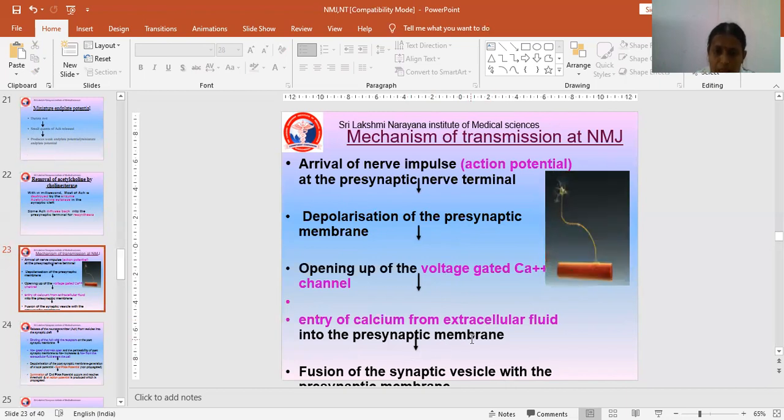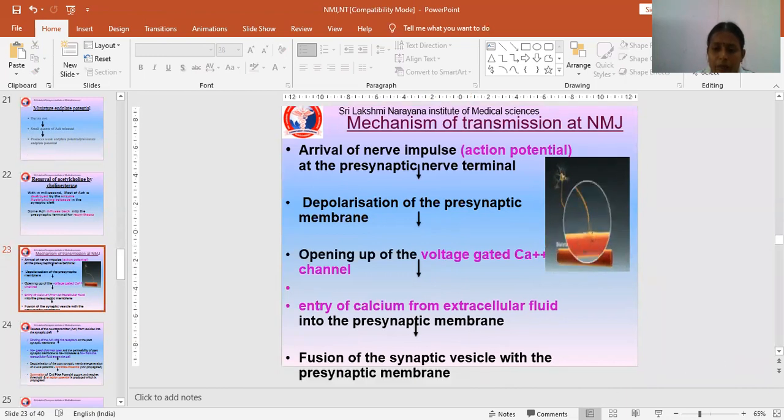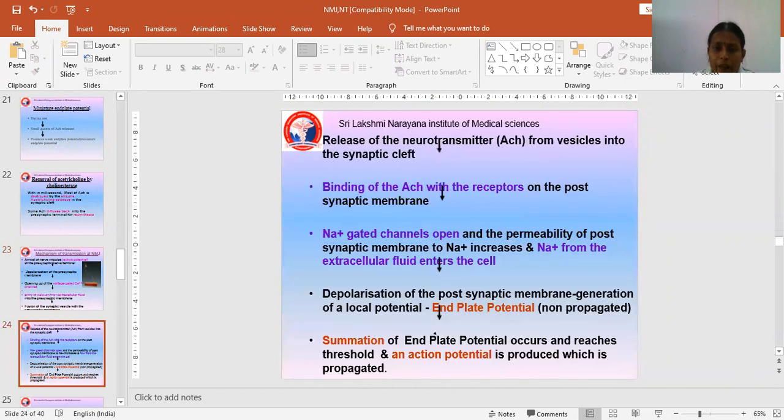The calcium causes fusion of the synaptic vesicles with the presynaptic membrane. The fused portion opens up and releases acetylcholine from the vesicles into the synaptic cleft.